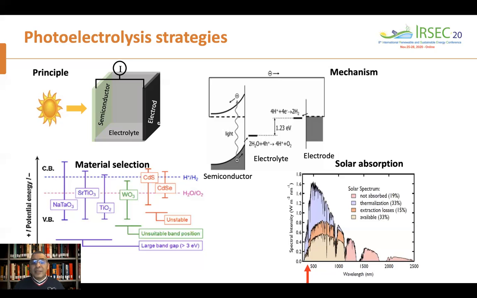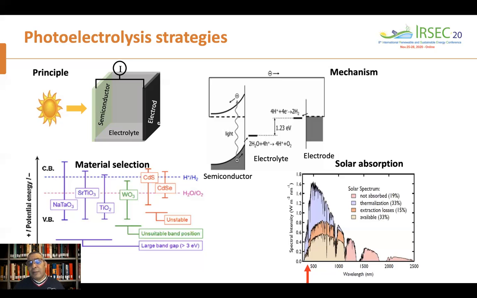Another problem: even if we collect light, most of it, as you see here in blue in the solar absorption, if we don't put in any enhancing catalytic metal, will be converted to phonons, making thermalization, and most of it will be completely lost. It's almost 30% of the visible light absorption.